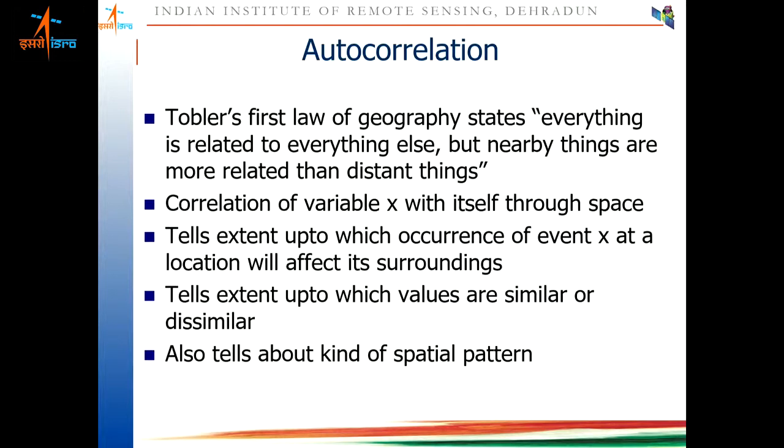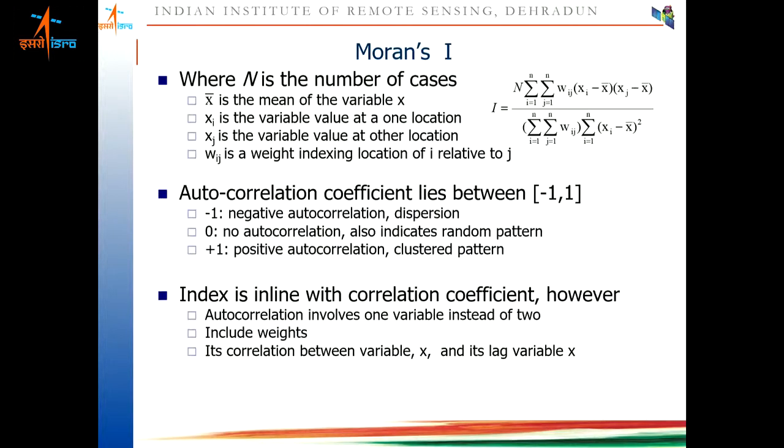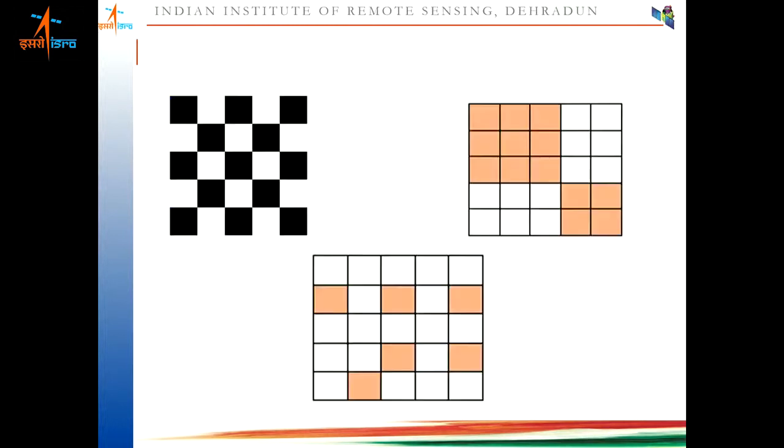This tells you to what extent the occurrence of event x has an effect over its surroundings. Also it tells about values which are similar or dissimilar. Basically it tells about the pattern of data distribution: is it a clustered pattern, a random pattern, or a dispersed pattern?